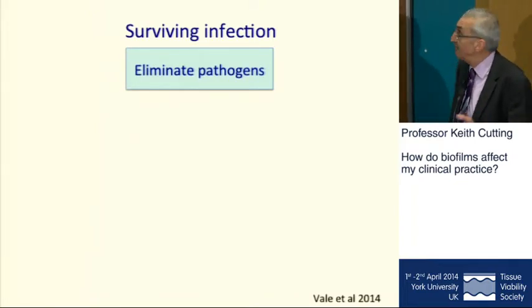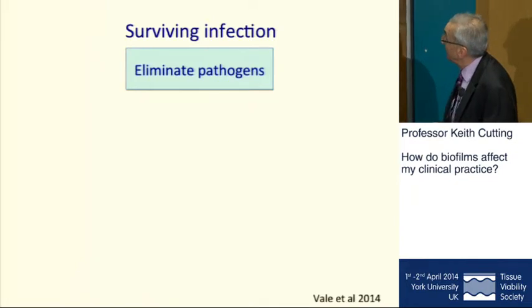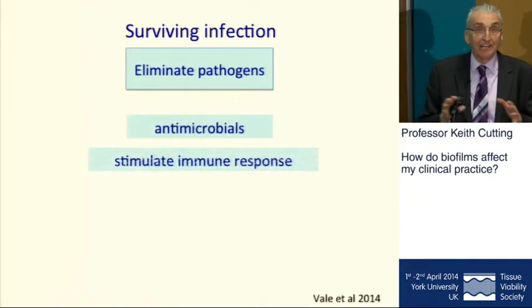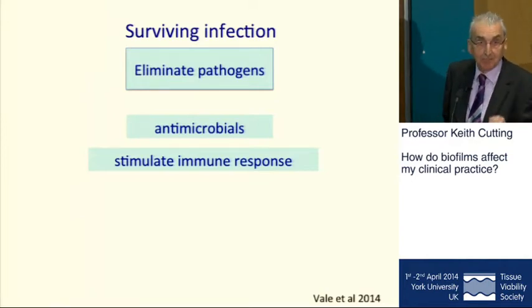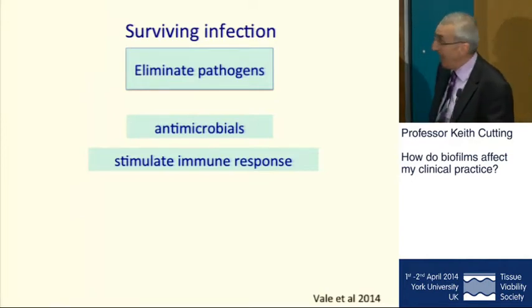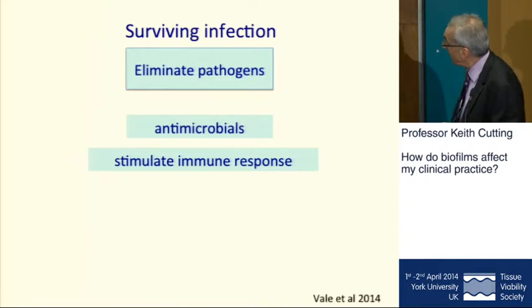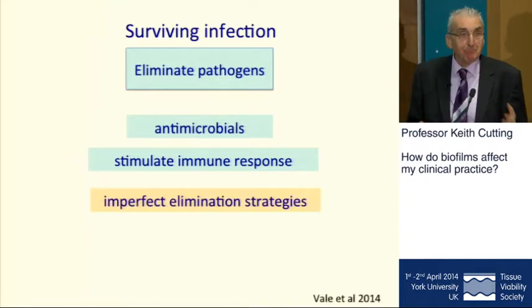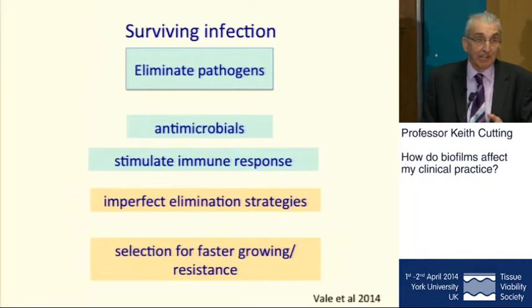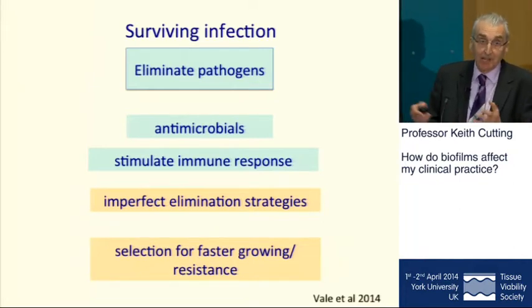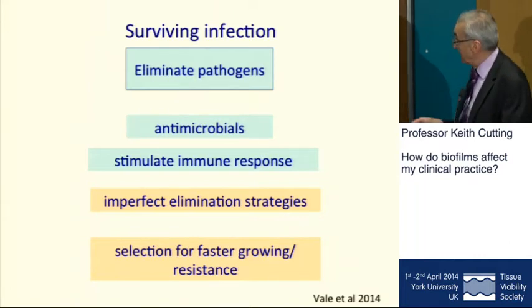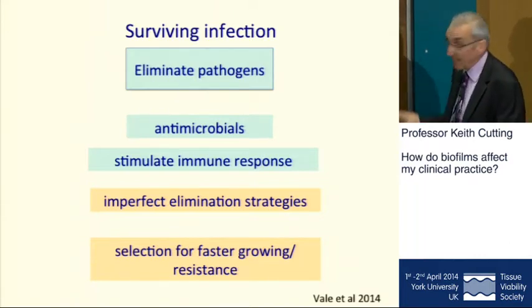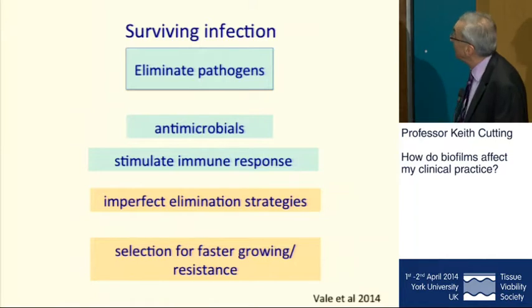If we're to engage in managing infection, at the moment we tend to concentrate on eliminating pathogens. We want to kill them with the antibiotics and the topical agents. But this is an imperfect strategy because we don't kill them all, and we always leave some bugs behind which generate resistance and lead to selection for faster growth.